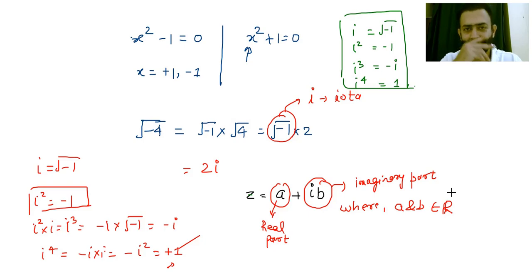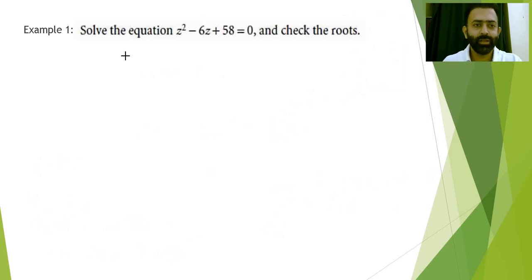So let us take one example to see how to solve such a quadratic equation. Solve the equation z squared minus 6z plus 58 equal to 0 and check the roots. Let us find the roots using the quadratic formula.